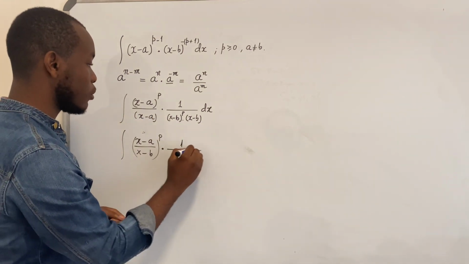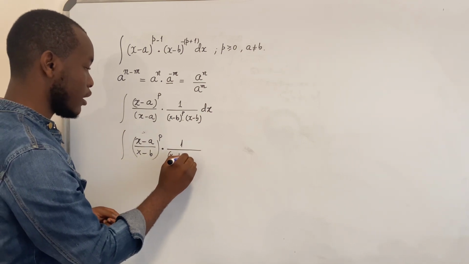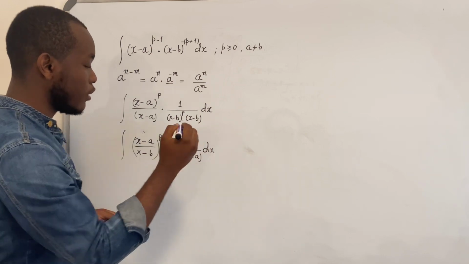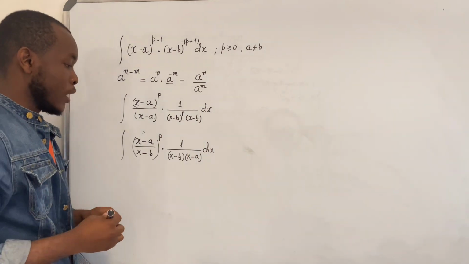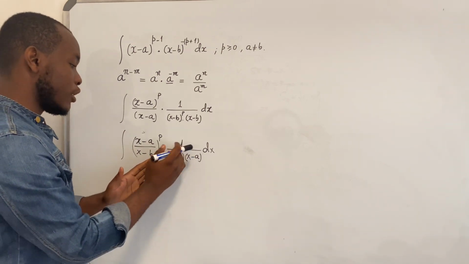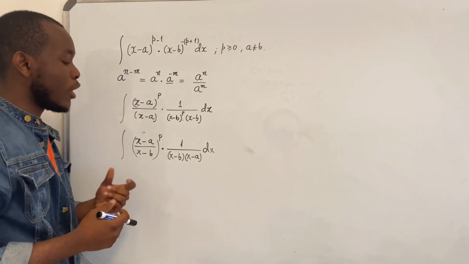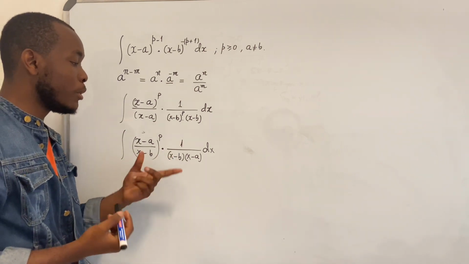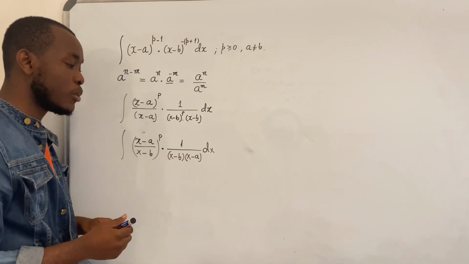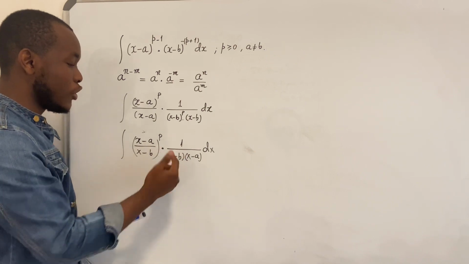So we can say this is 1 over x minus b times x minus a, dx. Okay, but if we look, we can apply decomposition in this expression. We can separate it. But for us to apply decomposition, since the numerator is 1, we can simply subtract these two expressions to see what we get. Okay, so we can apply decomposition here.